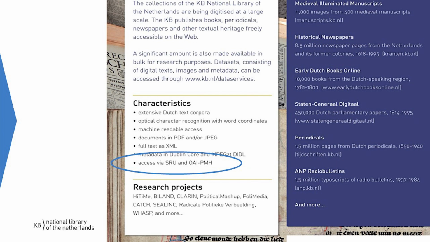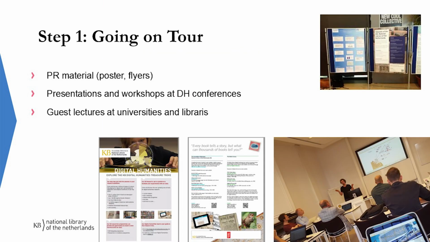The only thing we had to do is have a few manuals, and the data sets were available. So we had those manuals, and we went on tour to conferences where researchers gather and talk. You know that. Gave some presentations at DH conferences, guest lectures, etc., etc.